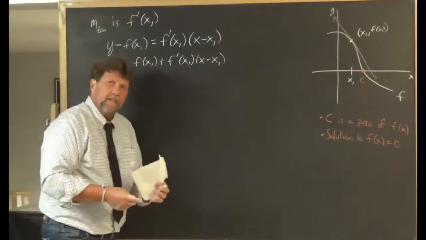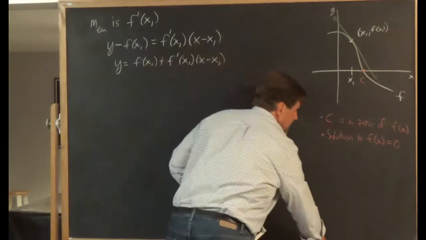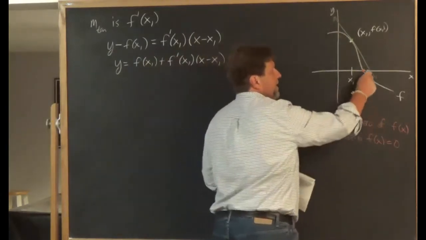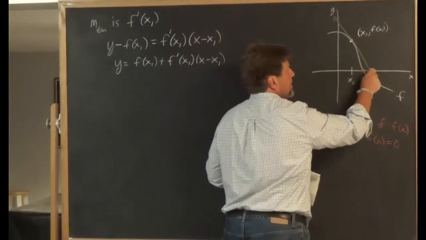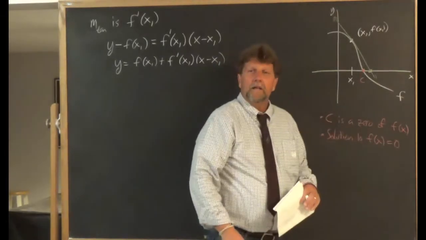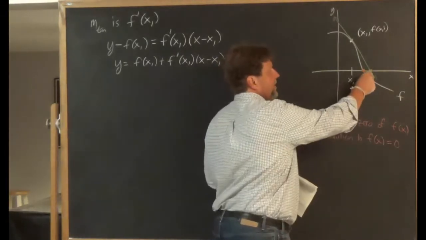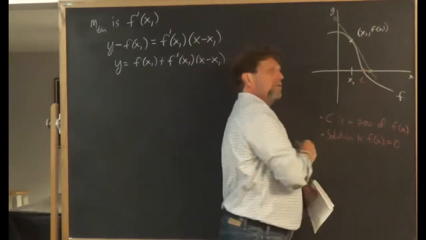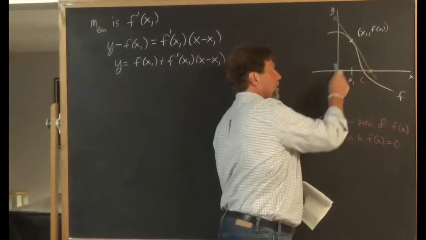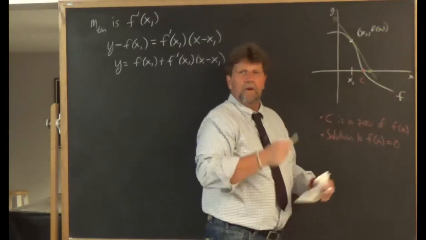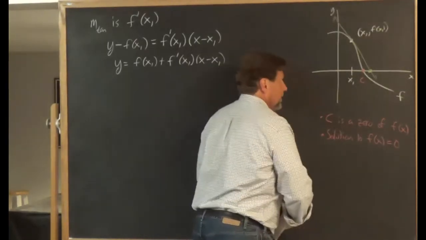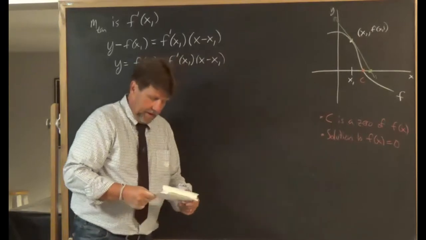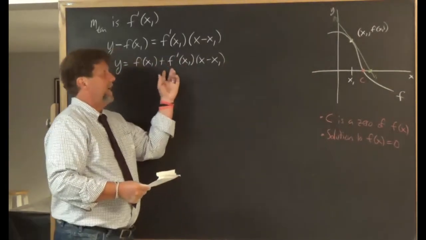Do you notice that the x-intercept of this tangent line, so there's the x-intercept of the tangent line, doesn't it look like the x-intercept of the tangent line is even closer? Doesn't it look like it's closer to the actual zero of the function than where we started? Well, of course it is. So let's find the x-intercept of this tangent line.